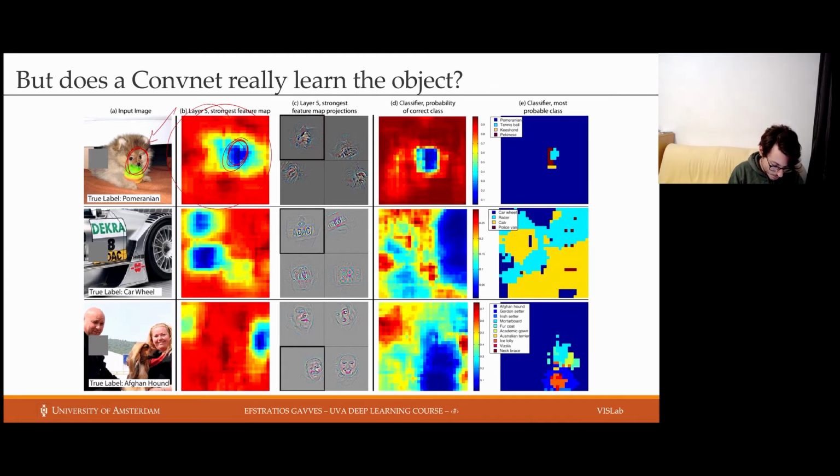When in the car wheel case, here we observe again very similar patterns.